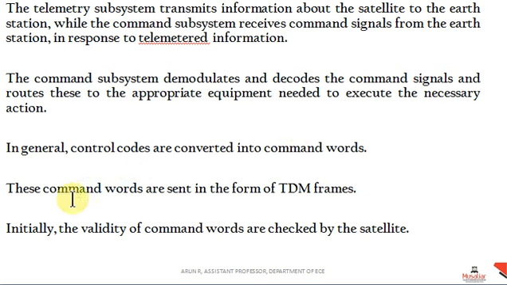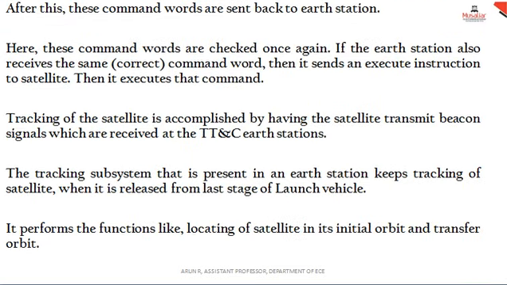After this process, these command words are sent back to the earth station, and it is checked again, and if the station also receives the correct command word, then it will send an execute instruction, and correspondingly the satellite will execute the command.